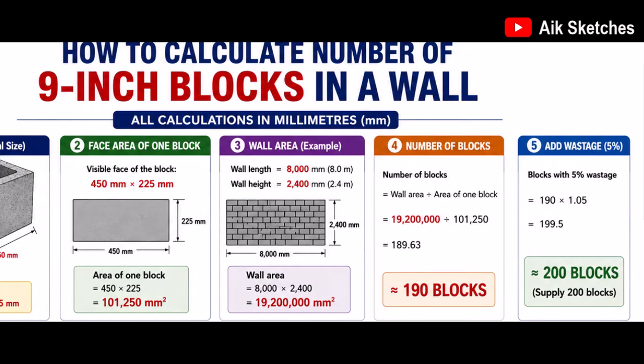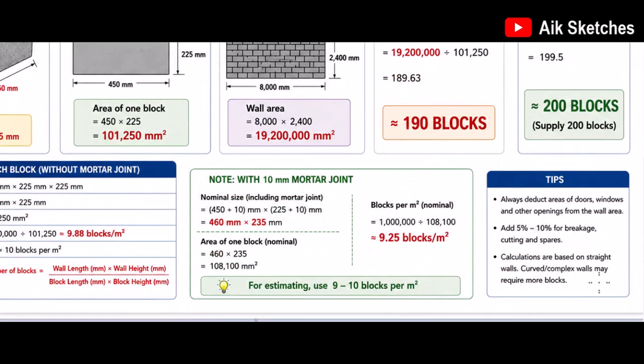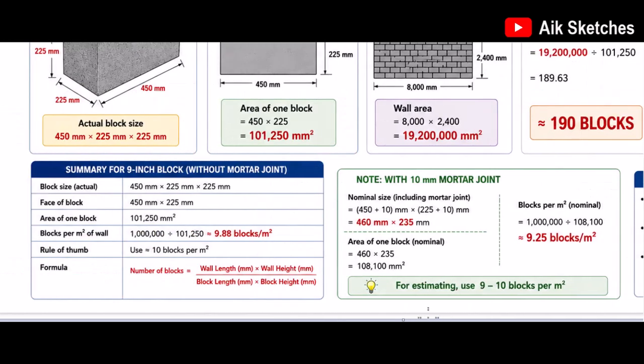So, summary for the 9-inch block without mortar joint. It's important to take note that all these calculations we did are being calculated without the mortar joint being in the equation. Okay, so block size, like I mentioned earlier, is 450 millimeter by 225 millimeter by 225 millimeter.